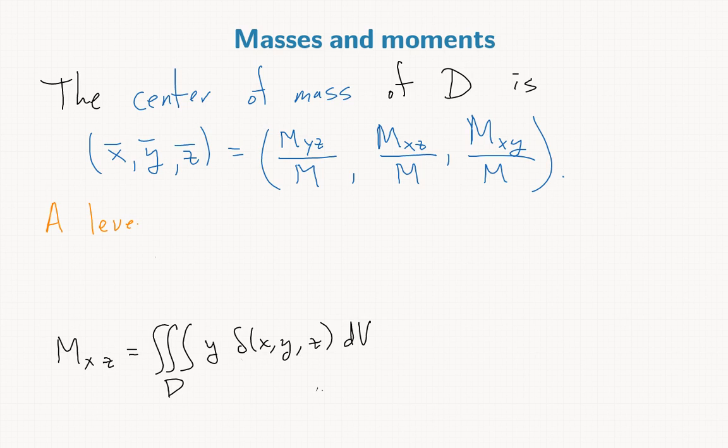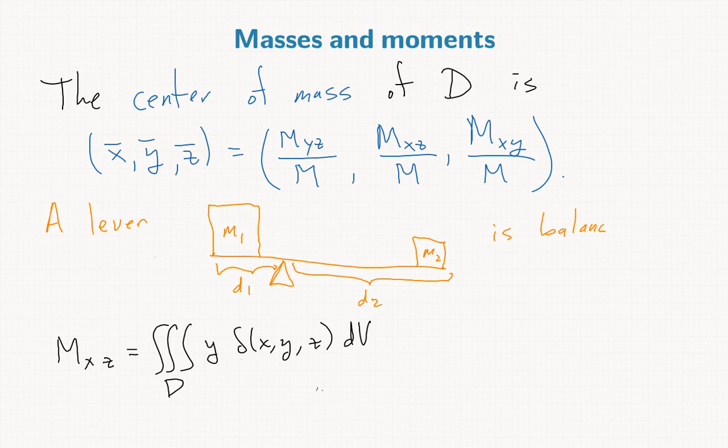If you have a lever where there's some fulcrum here, we have a big mass, m1, and a smaller mass, m2, and these are distance d1 and distance d2 from the fulcrum. So this is balanced when m1 d1 is equal to m2 d2.